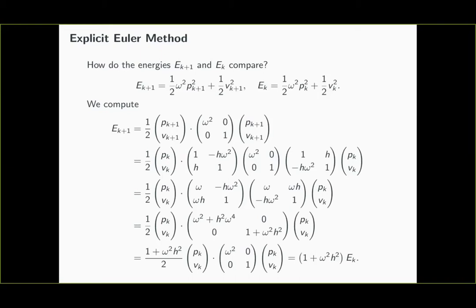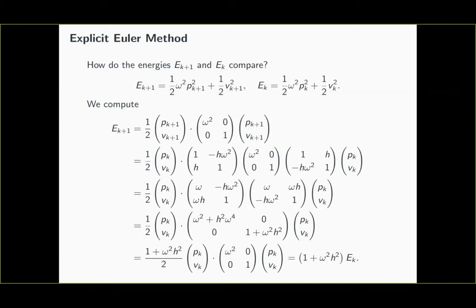So what we see here is that the matrix in the middle is a multiple of the original diagonal matrix. I can factor out 1 plus omega squared h squared. And then I get just a multiple of the original energy.